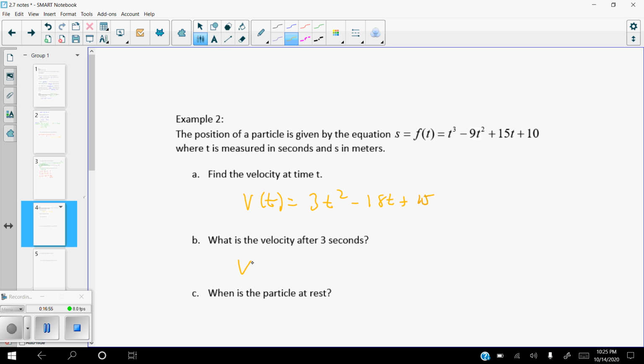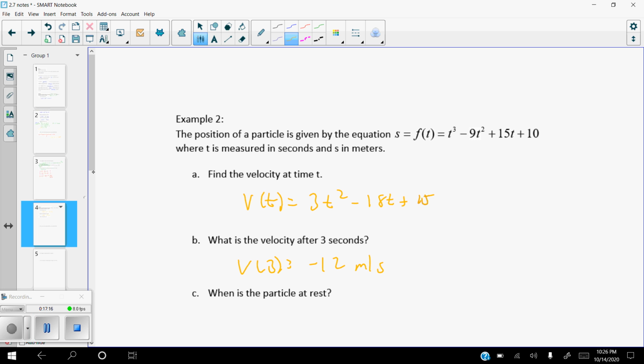Velocity at 3 seconds, plug in 3. It's going to be 27 minus 54 plus 15, which is negative 12 meters per second, which just means at time 3 it's moving in the left direction or backwards.